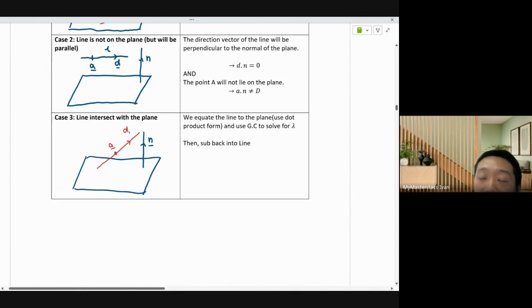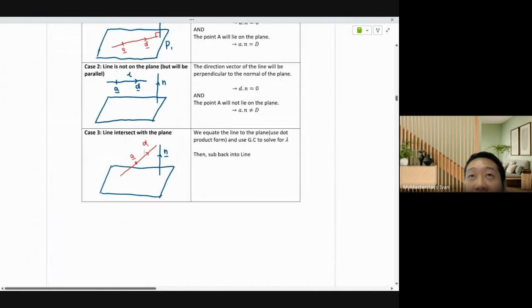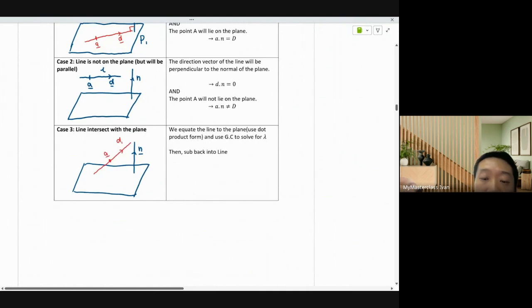In this case, R means X, Y, Z. R is called a point. I don't want to confuse you first.